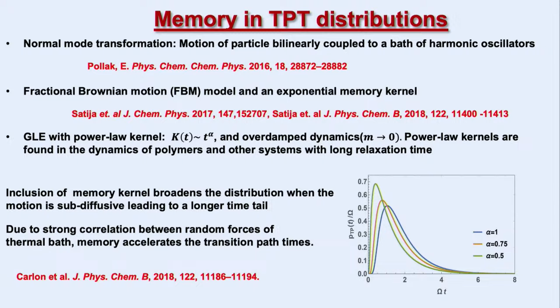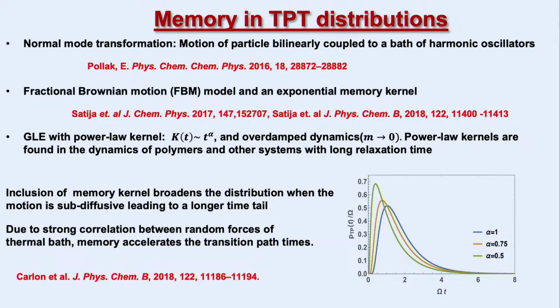Makarov and co-workers have used a fractional Brownian motion model with an exponential memory kernel. Carlin and co-workers have used a generalized Langevin equation with a power law memory kernel. Well, the power law memory kernel has been found to be very effective in describing dynamics of polymers and other systems with long relaxation times, and this study was done in the overdamped dynamics.